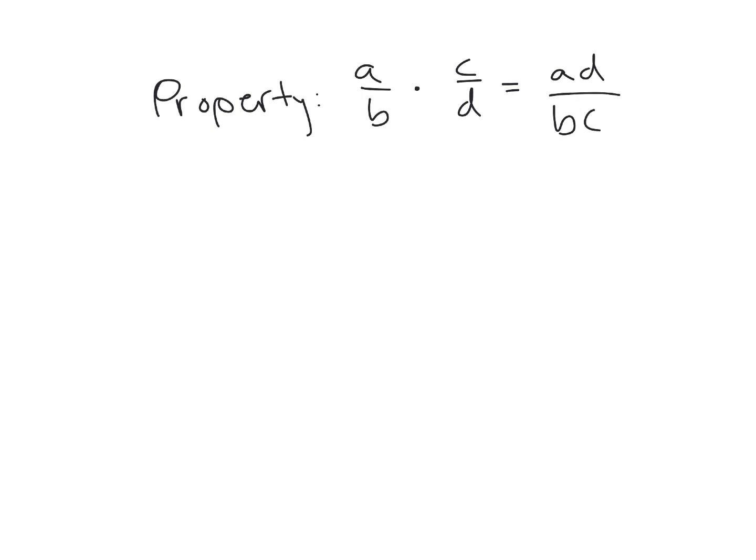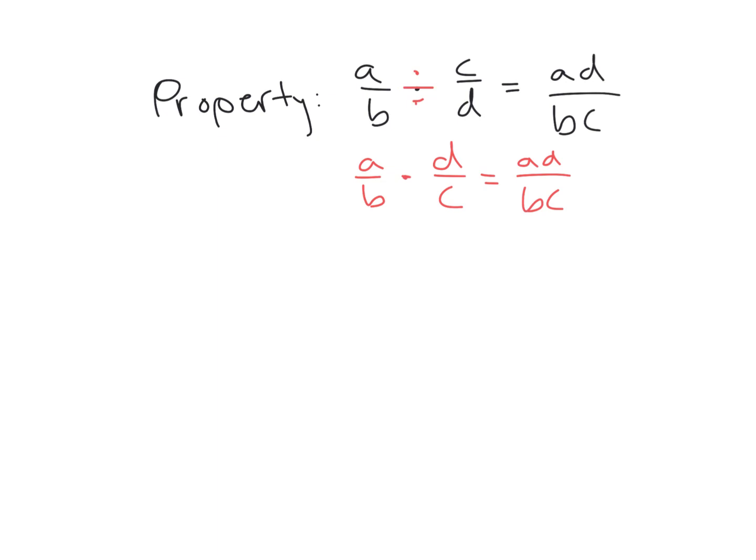A lot of people get confused by this and think, did you cross multiply? Truth is, what we did is we had our A over B, and that's the division symbol right there. We flip C over D to now D over C. And that's when we multiply across and get the AD over the BC. So it's a matter of flipping and then multiplying, okay?